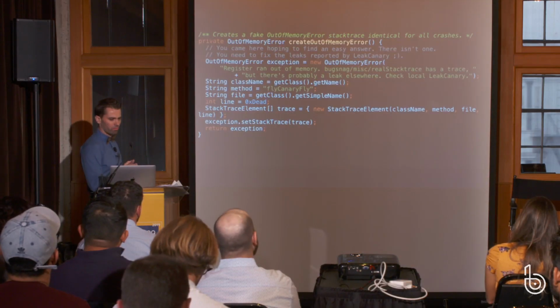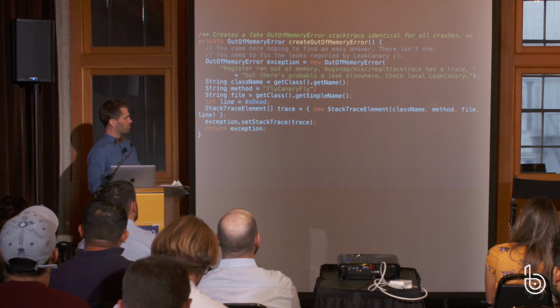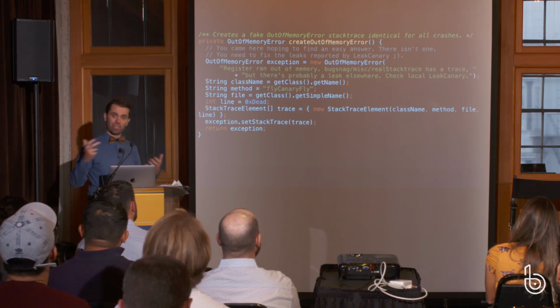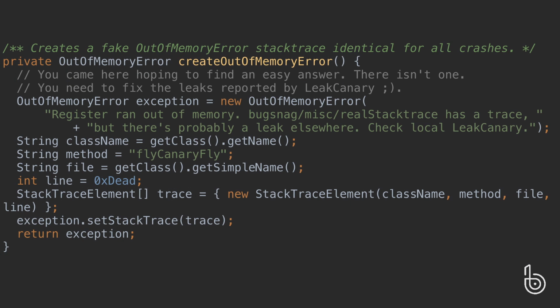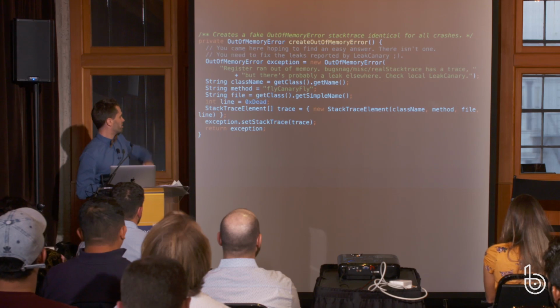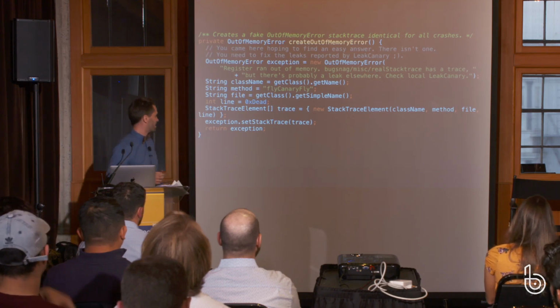So what do we do with those out-of-memory errors? When we get them, we create a fake stack trace. And we say, hey, we ran out of memory, but here is a fake stack trace. The class name is just OutOfMemoryError, or I don't remember what it is. And then the method is fly canary fly, and the line is 0xdead.